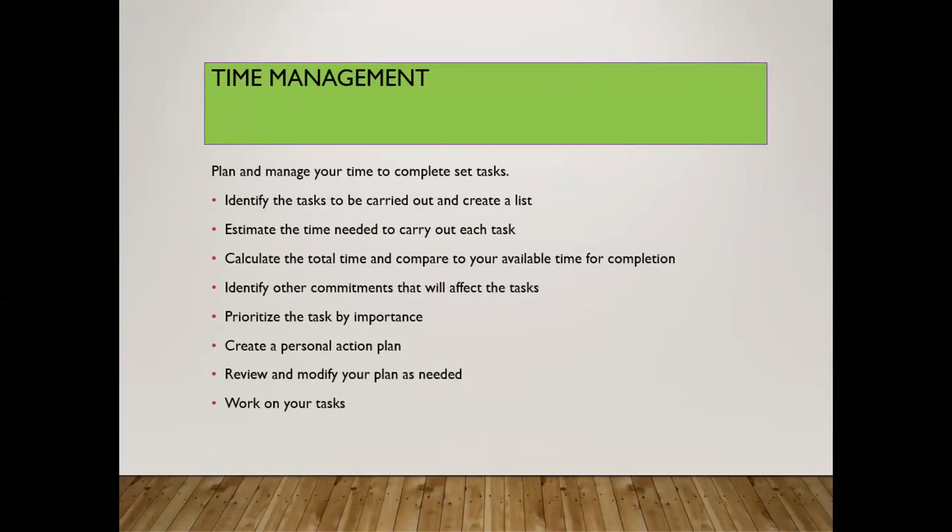Look at completion time to see if you're really able to accomplish all these tasks within the given time. Identify other commitments that will affect the task. Prioritize the task by importance. Put the things that are important first, in the correct order. Create a personal action plan. Review and modify your plan as needed. And of course, work on your task.